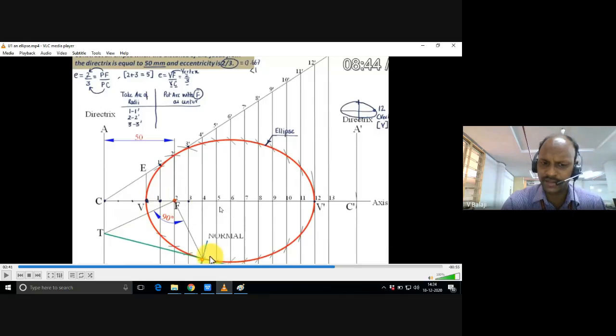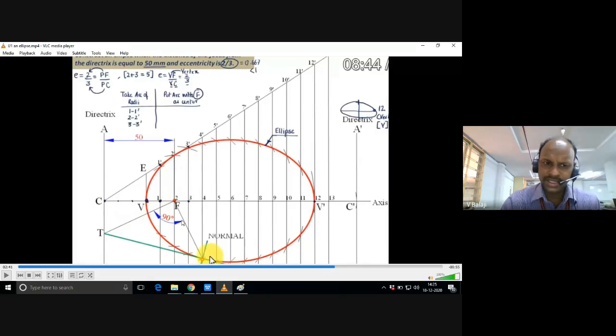That is the condition, because the curve starts at the vertex V. We need to join these points with V as the starting point and end with V. Start the curve like this and end with the vertex. The vertex is a special point on the ellipse, but it is also a point on the axis. That is the specialty of the vertex.